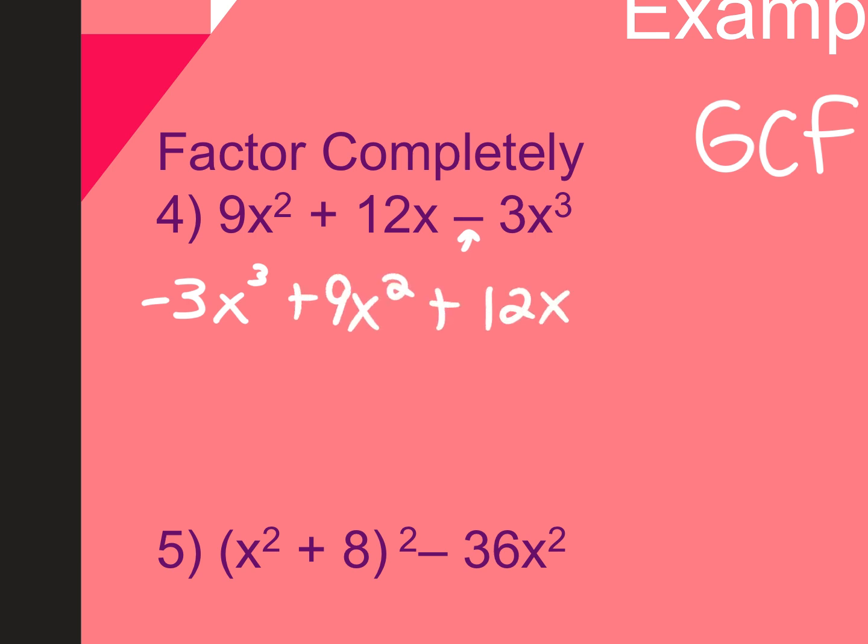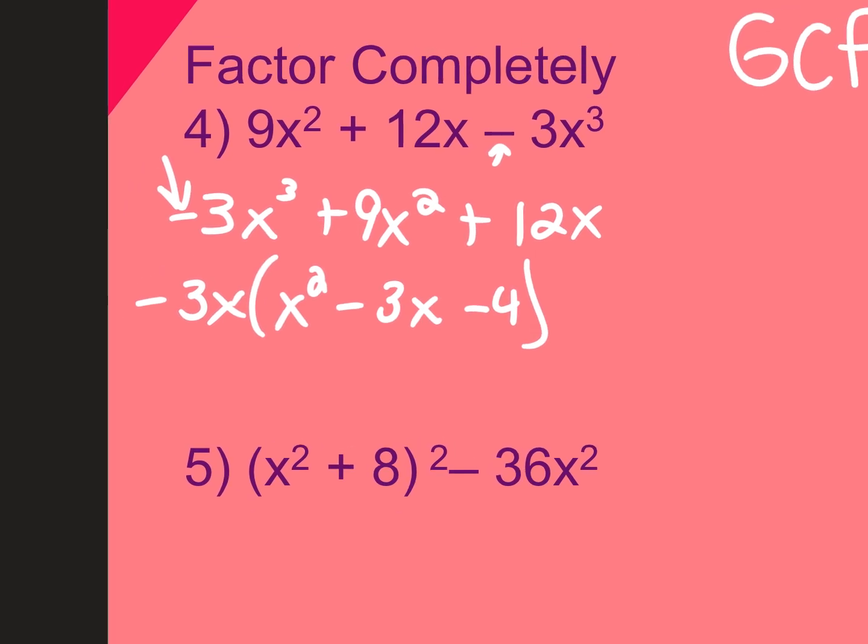So now we look and we see, okay, what do we have in common? What is the GCF? Well, I see that all of these are divisible by 3, and they have an x. So since we lead with a negative, I'm going to take that negative out. So negative 3x. And when we divide, we're left with x squared. 9 divided by negative 3 is going to give me minus 3x. And then 12 divided by negative 3 is going to give me minus 4.